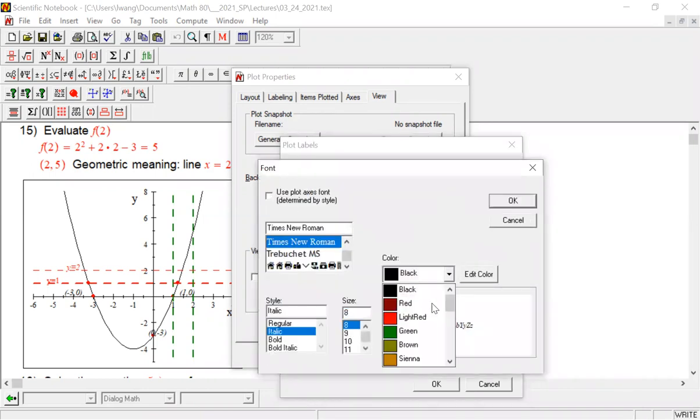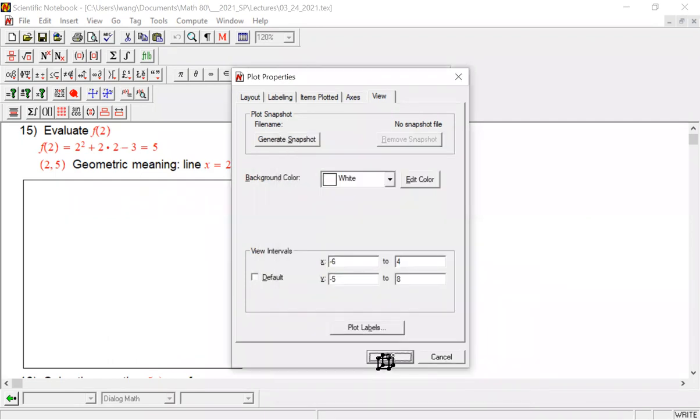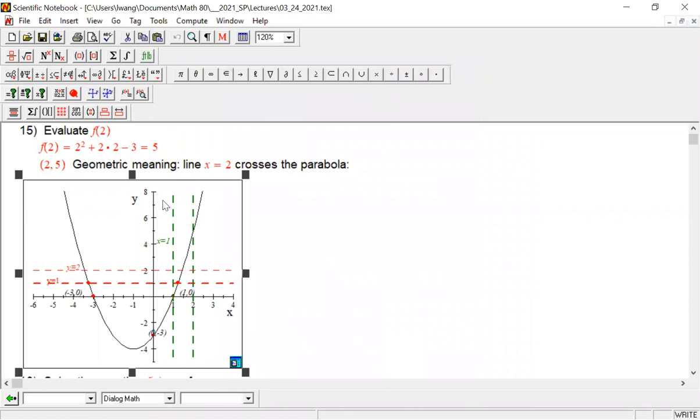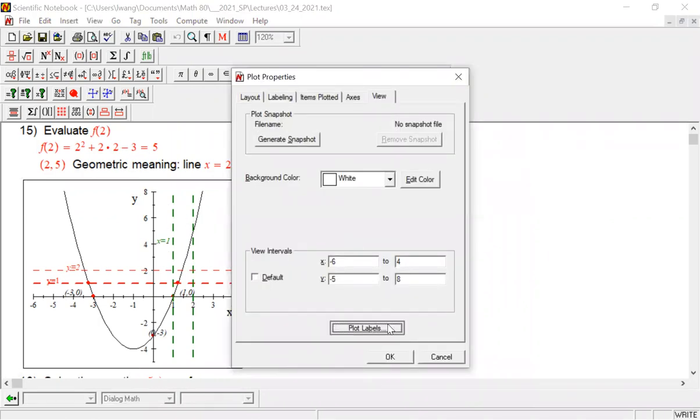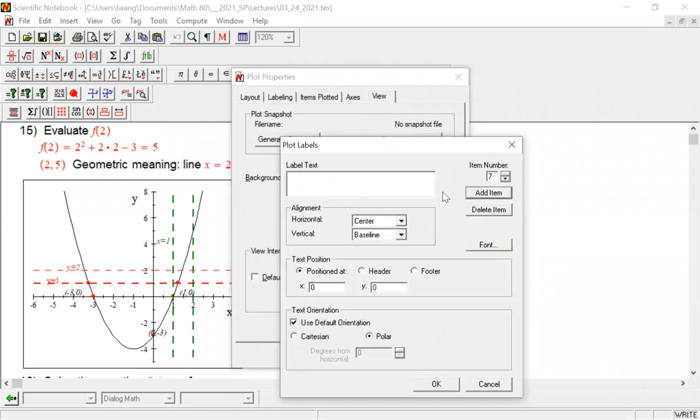Am I spending too much time here? Do you guys follow me? I'm always worried that you may not follow me. So this green is x equals 1. I'm going to mark one more time for x equals 2. I'm going to put it at x 2, and y at 7.